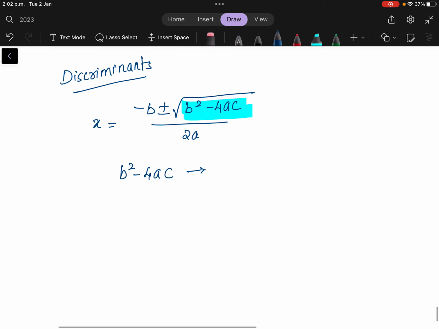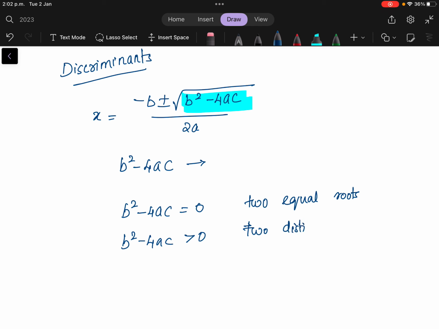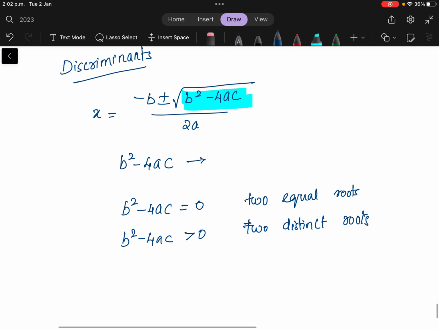Why we say it is a discriminant: if b square minus 4ac is equal to 0, we know that there are two equal roots. If b square minus 4ac is greater than 0, you have two distinct roots, which means there will be two roots, but those two roots will be different.